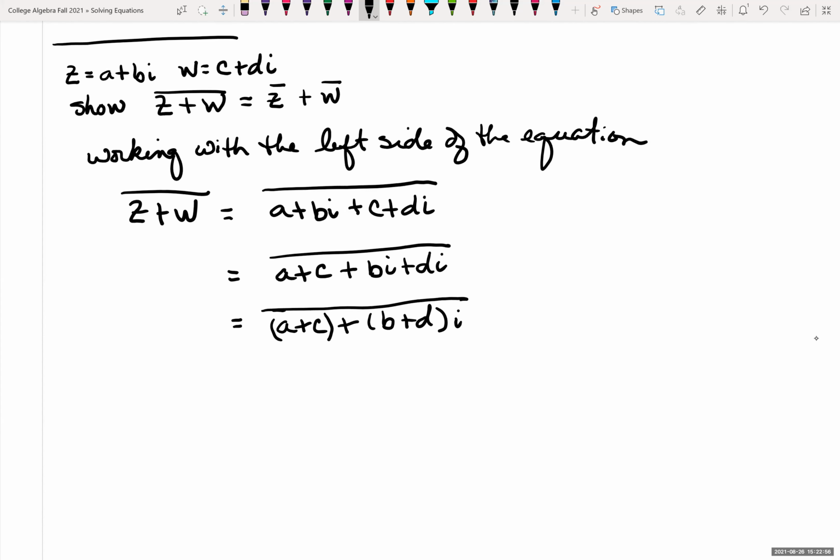And so notice here, if I take the conjugate now, that would be just changing the sign between the real part and the imaginary part. So that's just going to be changing that sign to a minus. So we have (a plus c) minus (b plus d) i.